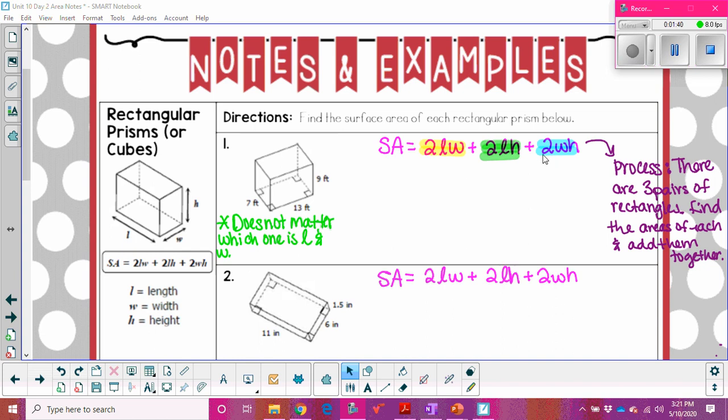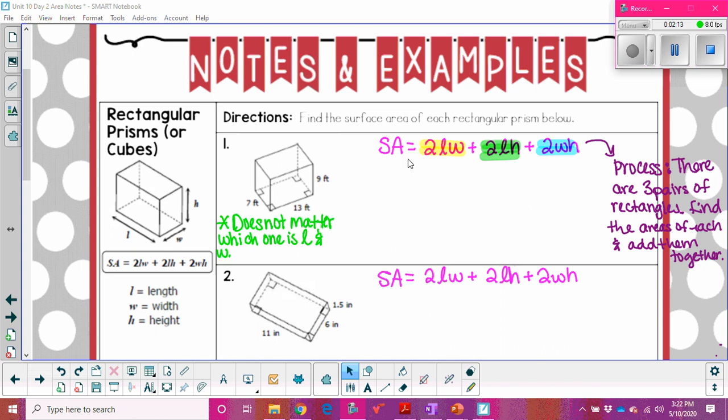Then you add the area of the two front and back rectangles, which here is 2 times W times H, so 13 times 9, multiplied by 2 to get the one in back. So the process of finding the surface area is just finding the area of each surface of the shape and adding all those areas together. I know it looks like a lot of complicated formulas. We're going to break some of them down, but really all it's doing is giving you a shortcut. All right, so let's look at number 1.